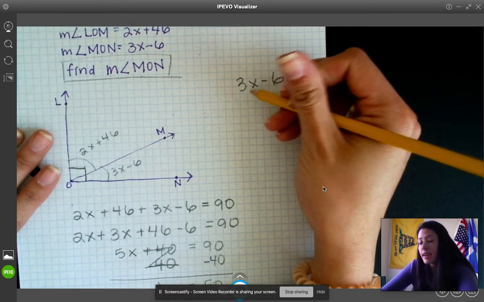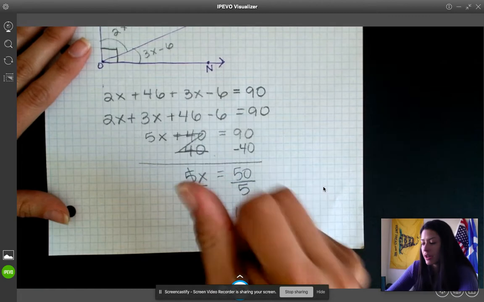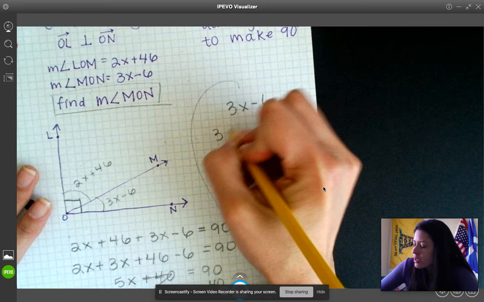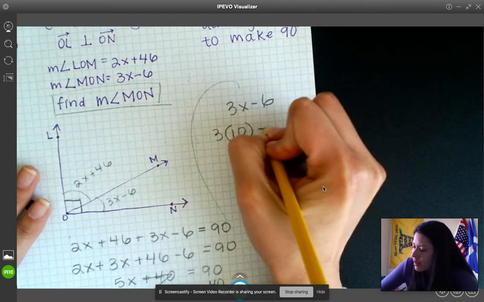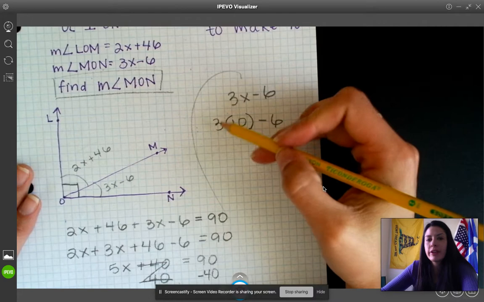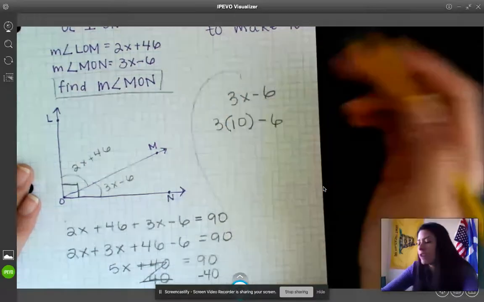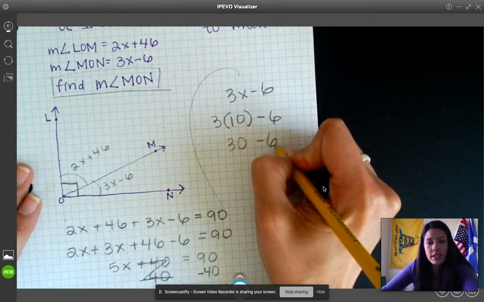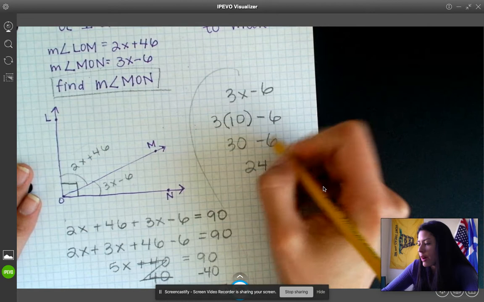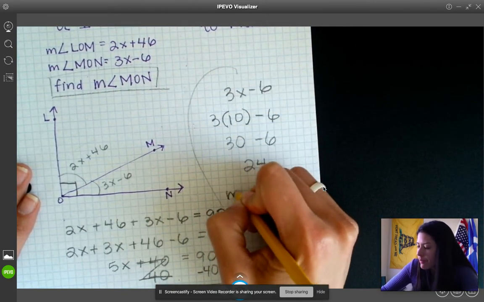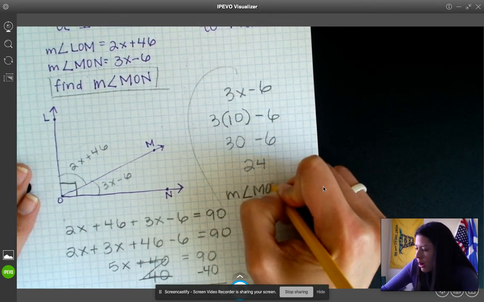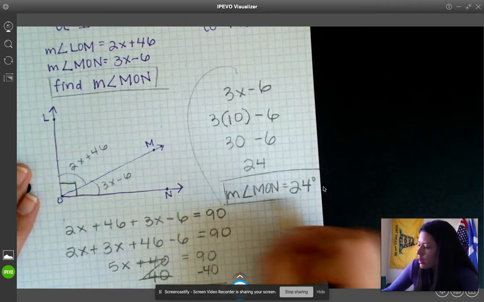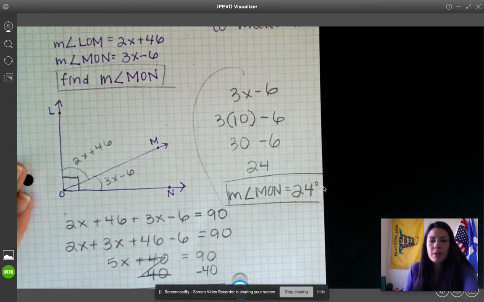I just found that x is equal to 10 down here, so I'm bringing that all the way up and plugging it in. Order of operations says I need to do the multiplication first. 3 times 10 is 30, minus 6, 30 minus 6 is 24. So the measure of angle MON equals 24 degrees.